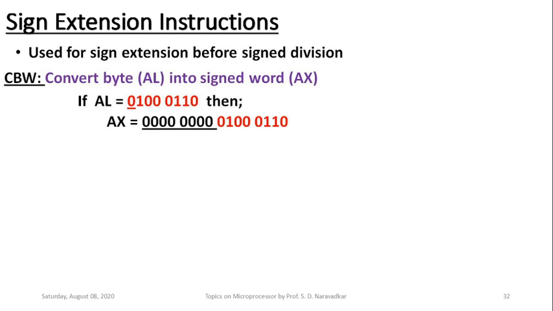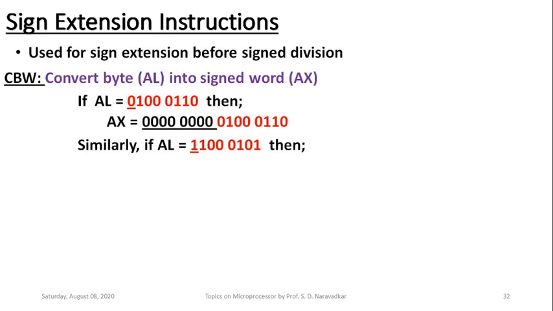You can observe that the red colored AL is copied as it is on the extreme right, whereas AL's sign bit is 0. So AH, the upper 8 bits of the AX register, will be all 0, shown in black color. So that way a signed byte is converted to a signed word.